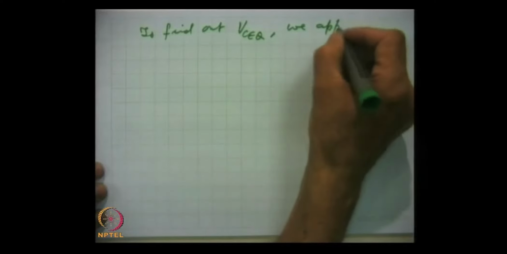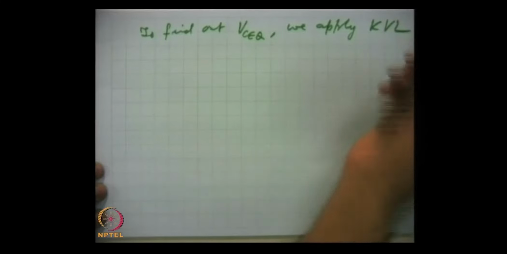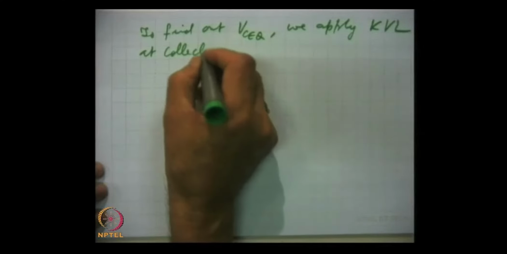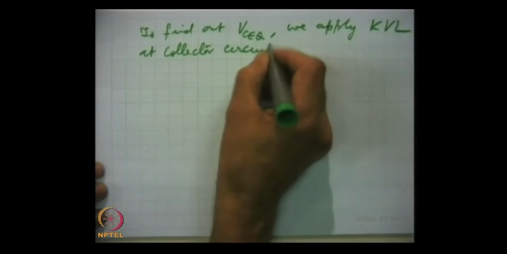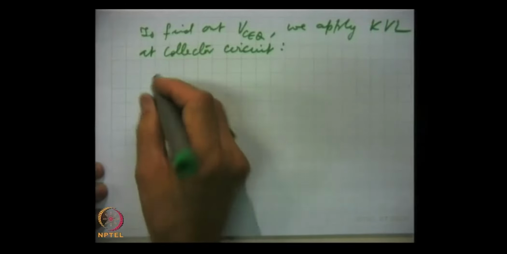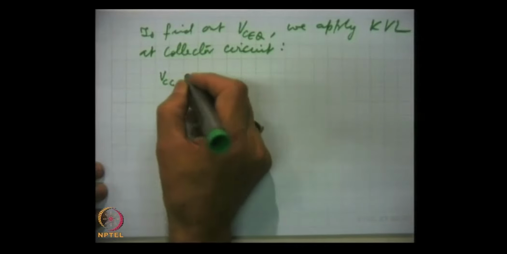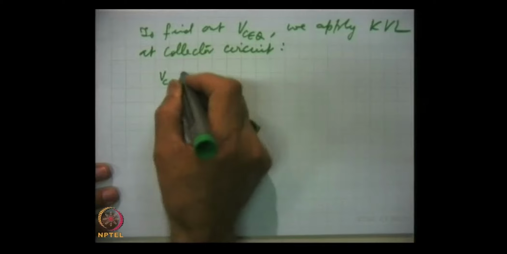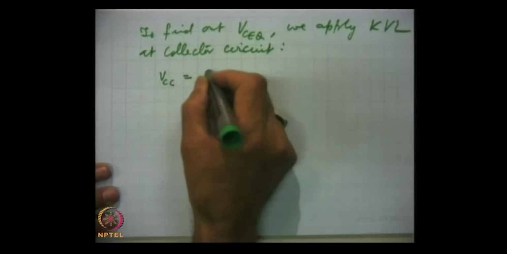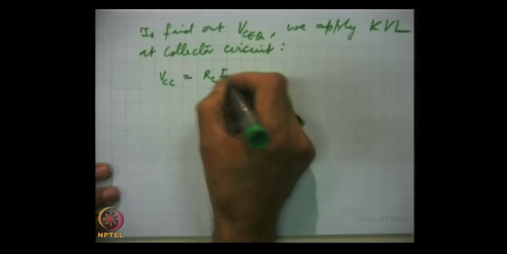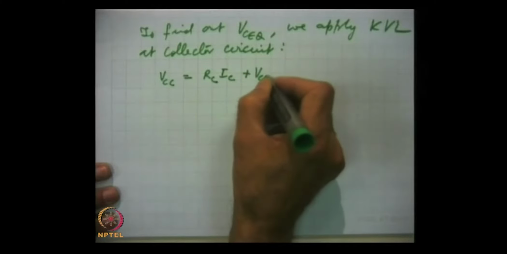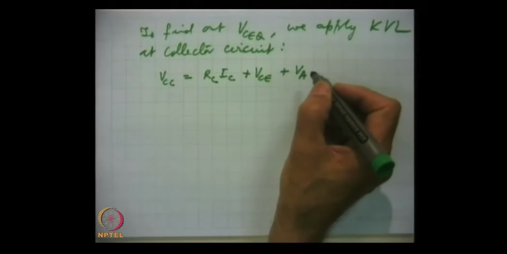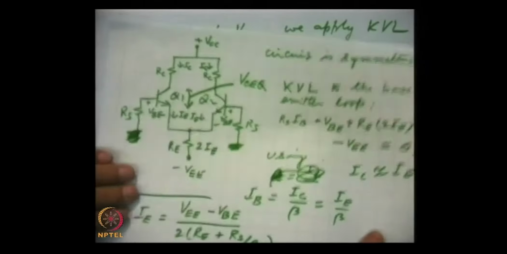We apply Kirchhoff's voltage law, summation of voltages at the collector circuit. When we do that, we get VCC is equal to RC IC plus VCE plus VA, where VA is the voltage at this point A.